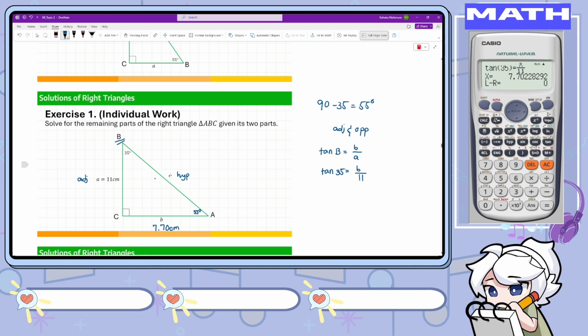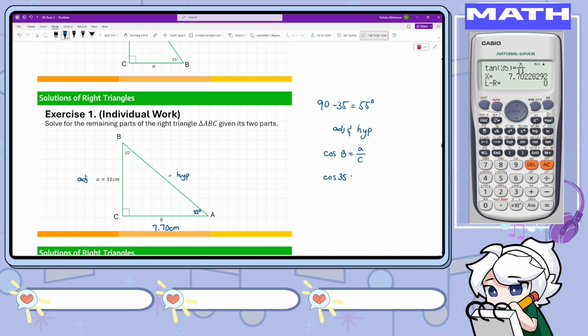Now, using angle B and the side adjacent to it, how do I solve for the hypotenuse? In which trigonometric function is adjacent and hypotenuse mentioned at the same time again? Exactly, that is cosine. So cosine B is equal to adjacent being A and the hypotenuse being C. Replace everything what we have right now.